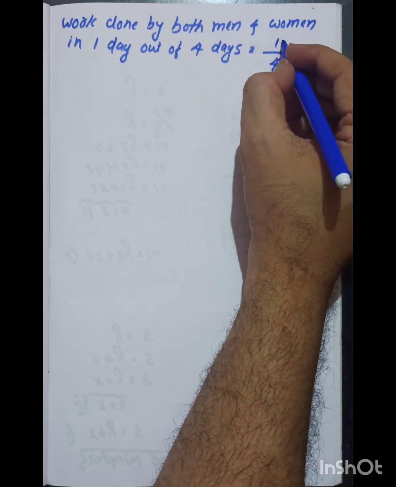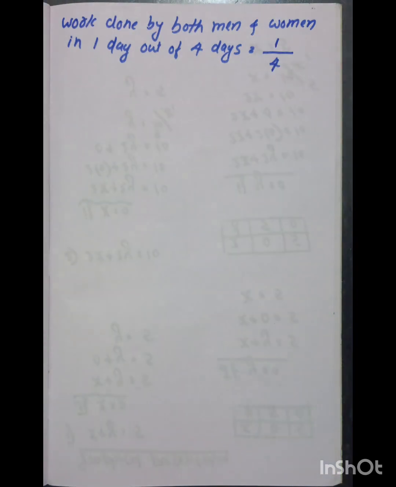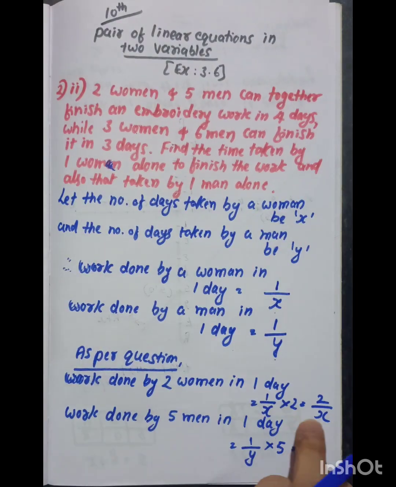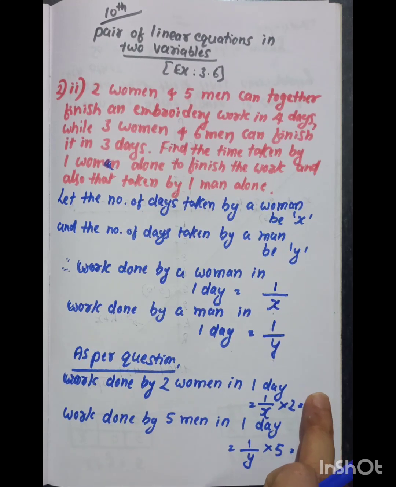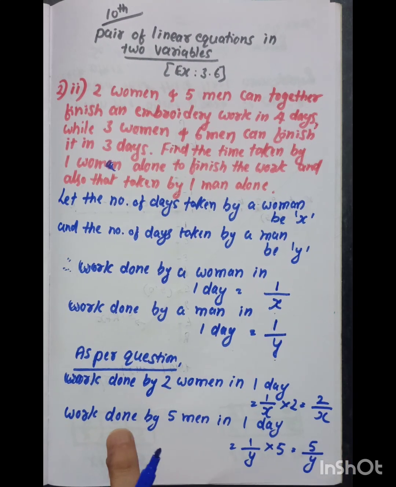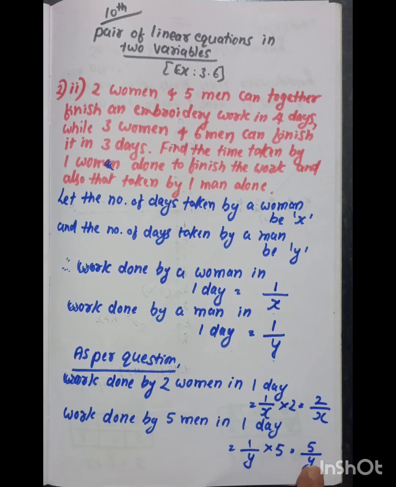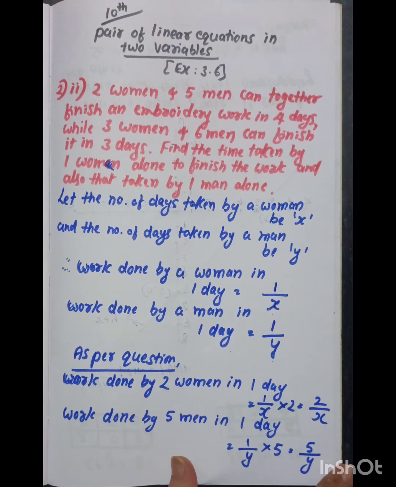So in 1 day, let's look at the question. 2 women will complete the work in 1 day as 2 by x. In the same way, work done by 5 men in 1 day is 5 by y. This is the women's work done, this is the work done by men.